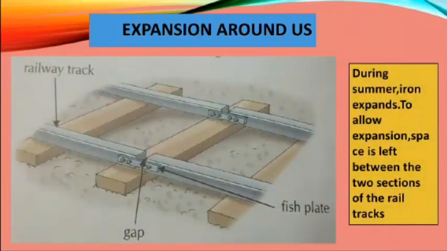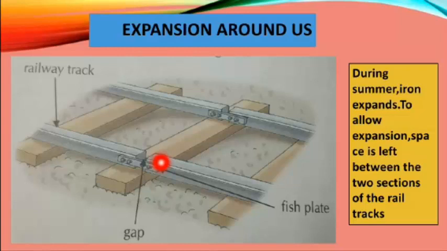Now, let us see the examples of expansion in solid around us. Children, during summer season, the iron expands. To allow expansion, the space is left between the two sections of the railway track.